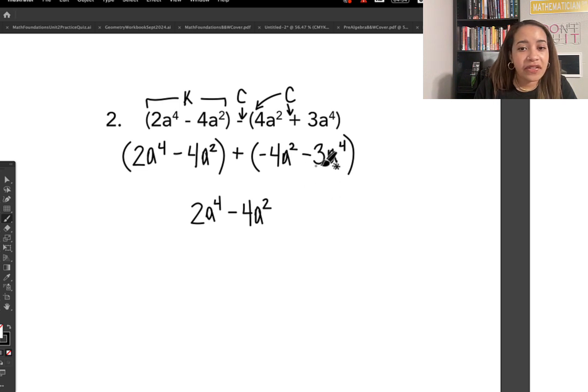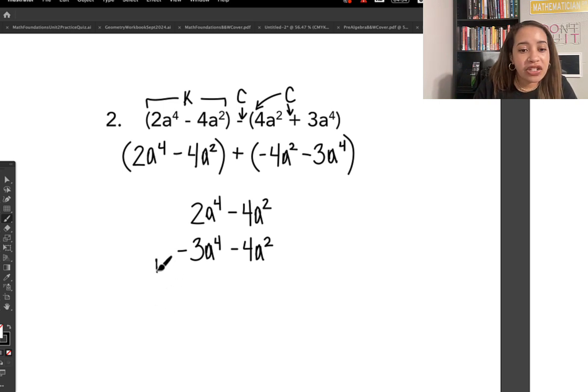Our negative 3a to the 4th power matches with our 2a to the 4th power. Our negative 4a squared matches with our negative 4a squared. In this problem especially, it was really important to include the sign along with its term. So that's how we ended up with our negative 3a to the 4th power.